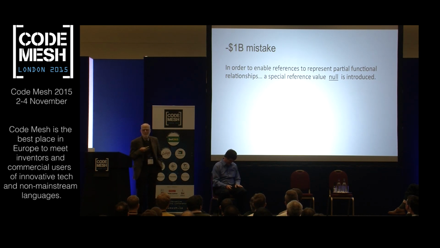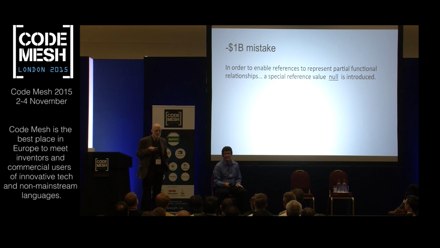Here's my billion-dollar mistake, which you may have heard last time at a previous Code Mesh conference. In order to enable references to represent partial functions, functional relationships, a special reference value null is introduced.